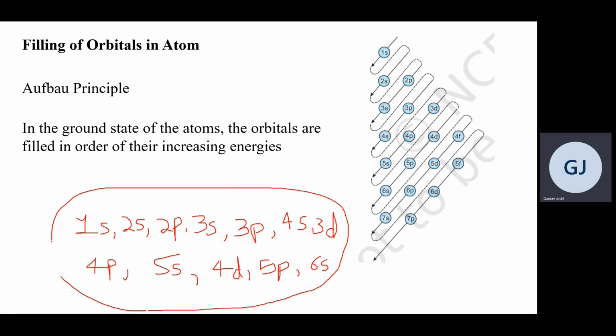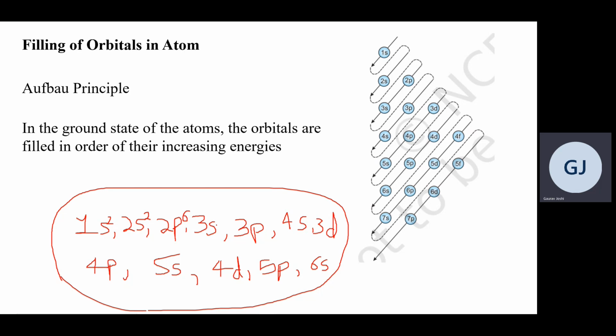Now we have to fill the electrons in these. So what do we have to do? If we have an s orbital, the maximum number of electrons it can accommodate is 2. Then we have the 2s orbital, again s has a maximum of 2. Then we have 2p, and p can have a maximum of 6.